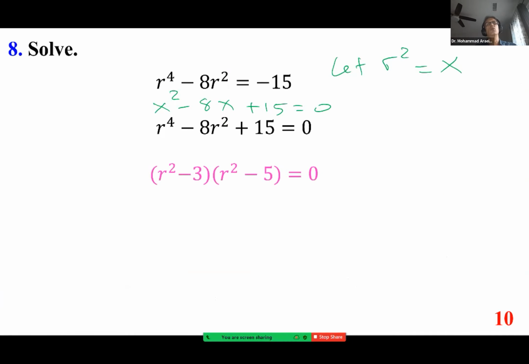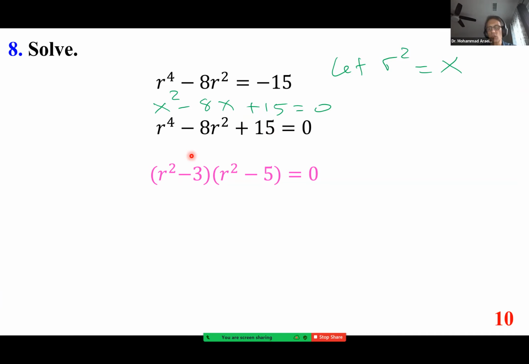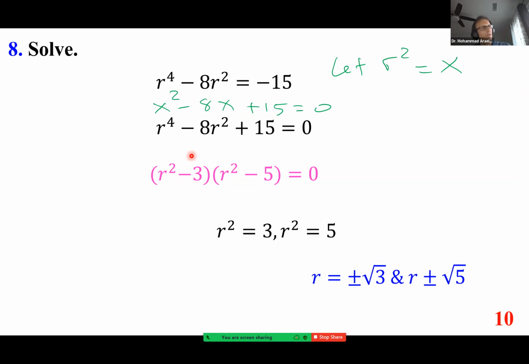However, you may see that it works out just like that. So r squared minus 3 times r squared minus 5, simply because we want two numbers. The product is 15, the sum is -8. So r squared is either 3 or 5, or r becomes plus minus square root of 3, plus minus square root of 5. There are 4 answers.